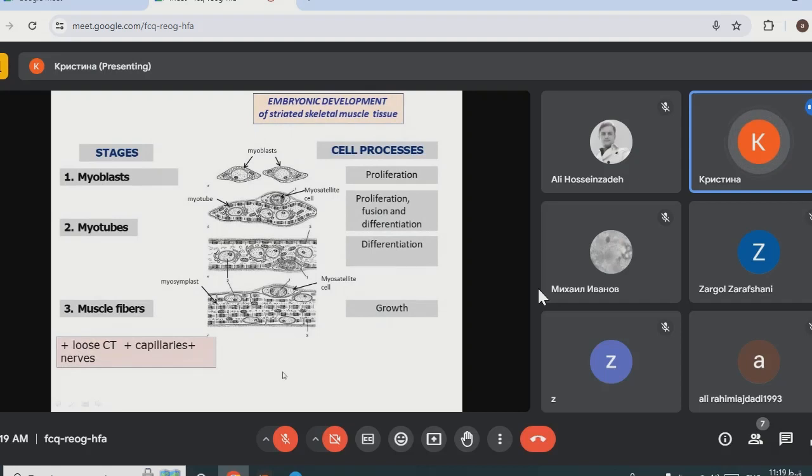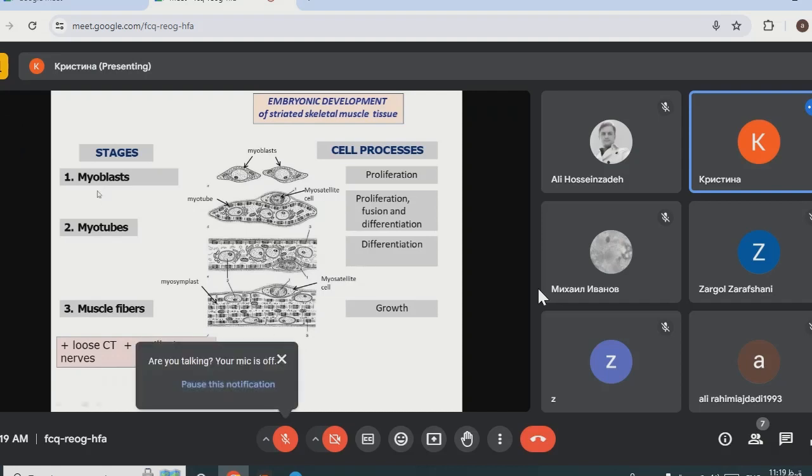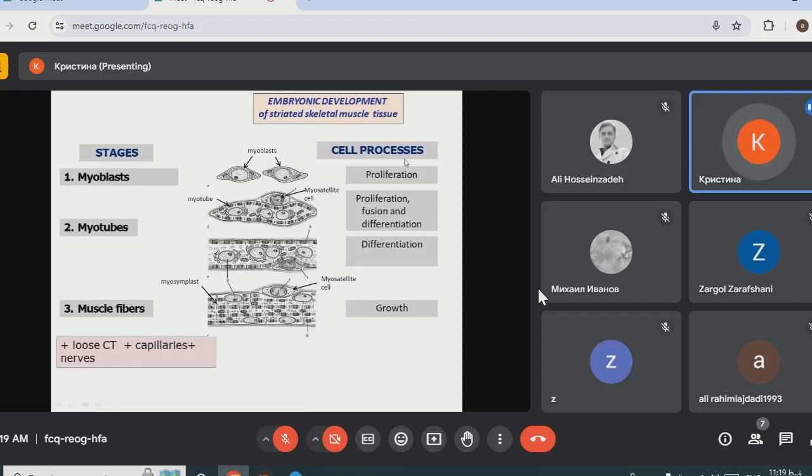Here you can see how this happens. At the first stage, you have cells, migrating cells, myoblasts, that proliferate.